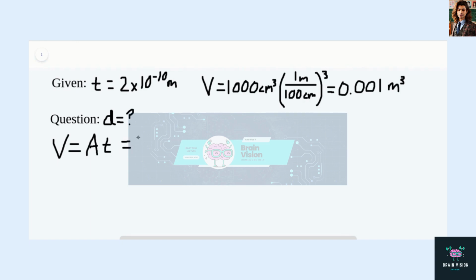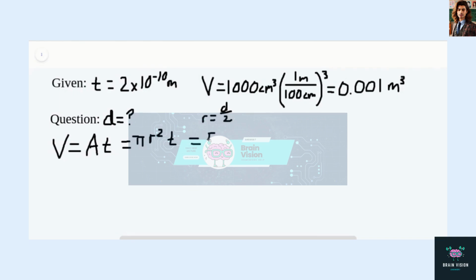Well, the area is equal to pi r squared, right? And then that's going to be multiplied by the thickness of the oil, because pi r squared is the area of a circle. Well, r is equal to half the diameter, so the radius is equal to half the diameter, right? So we know what r is equal to.